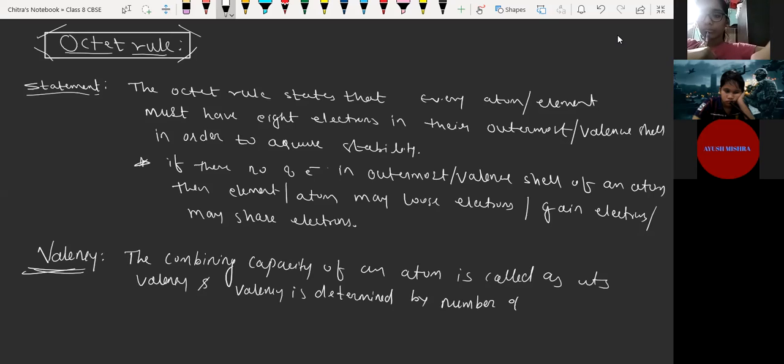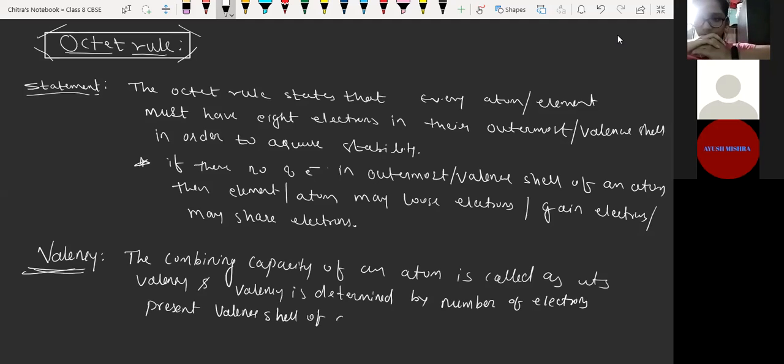By the number of electrons present in the outermost or valence shell of an atom. So we have to relate the octet rule and valency together, by which we can identify the valency of an atom. I want you all to take a screenshot first, then we will discuss a few examples.